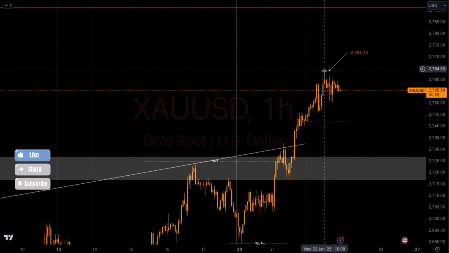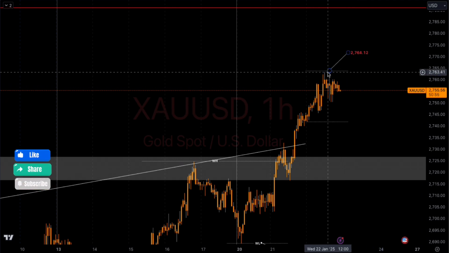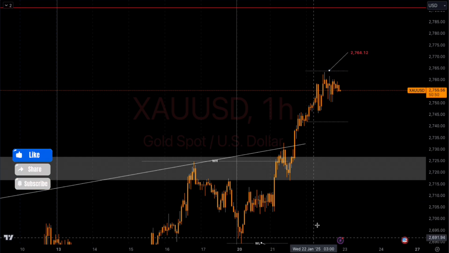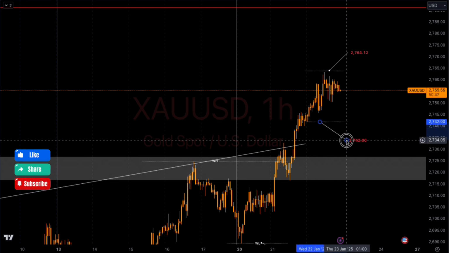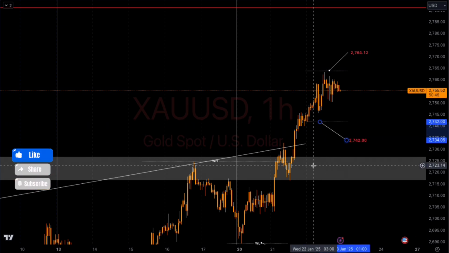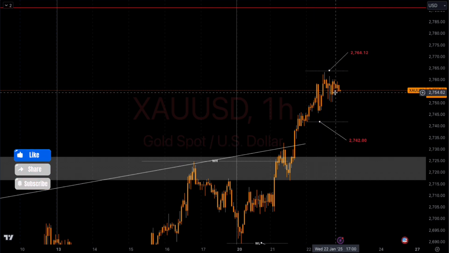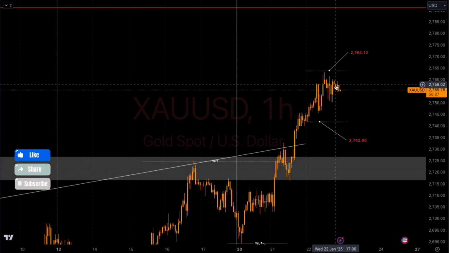So the daily high, I would say, is 2764.12, and the daily low is 2742.00, right? Between now and when I get up in the morning, I want to see what price does.